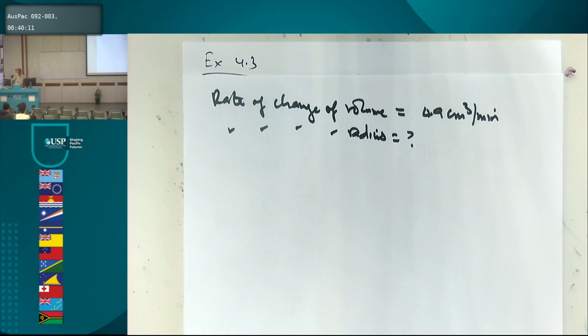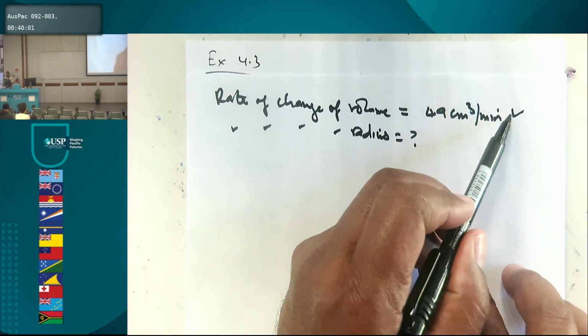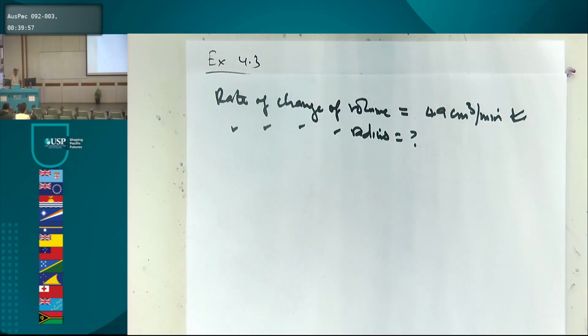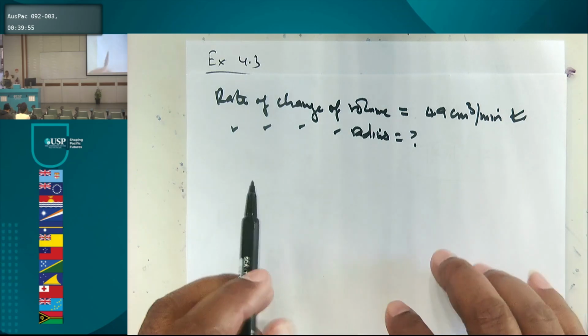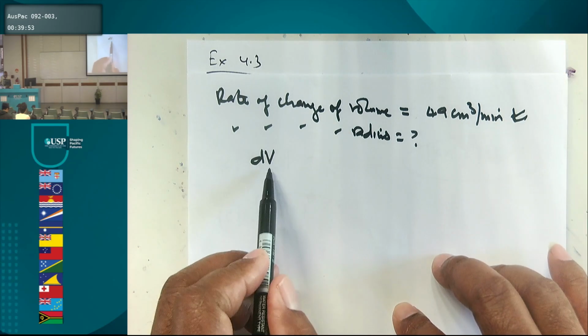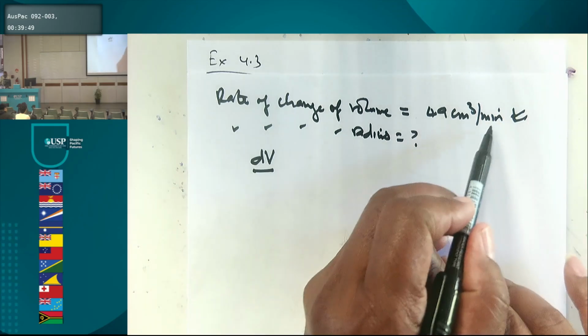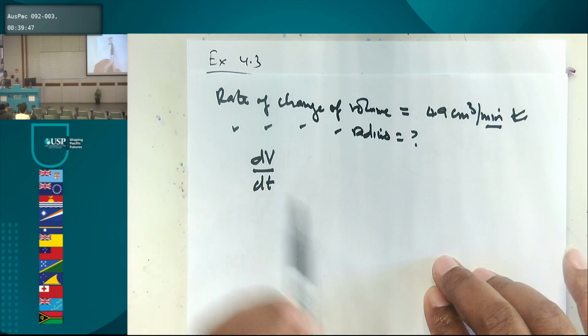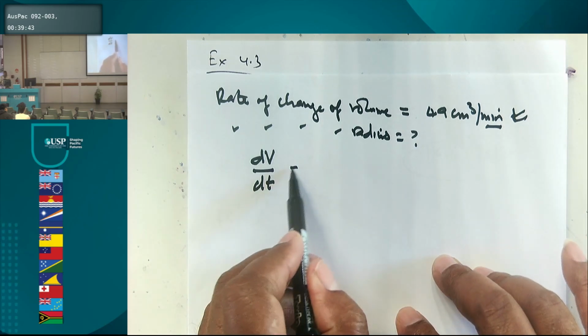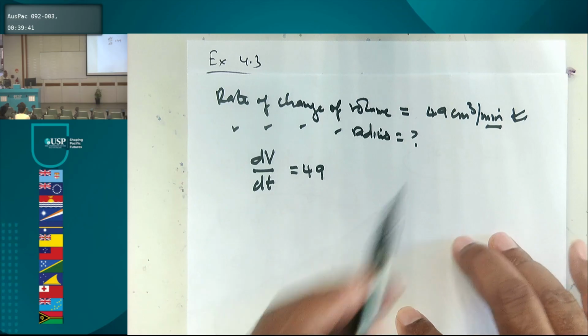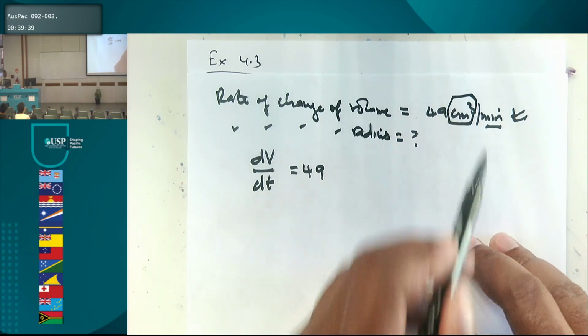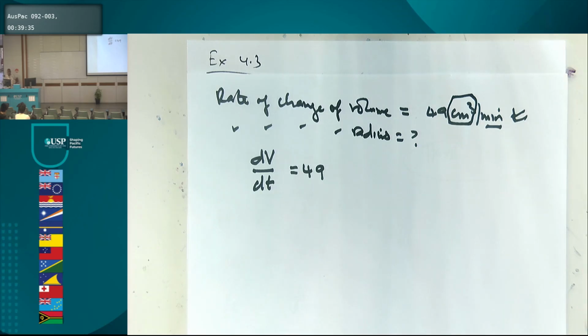Rate of change of volume is 49 centimeter cube per minute. You're asked to find the rate of change of radius. So what's the mathematical expression representing rate of change of volume? It is dV over, per minute, that's over dt. And the unit also tells us centimeter cubed, it's volume. So dV over dt is given.